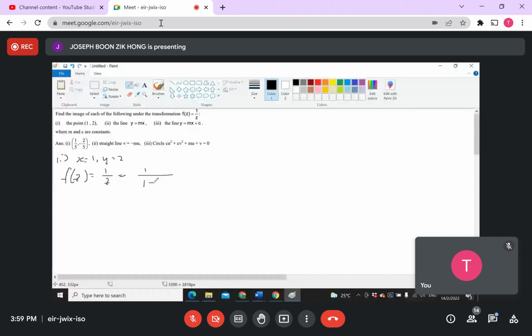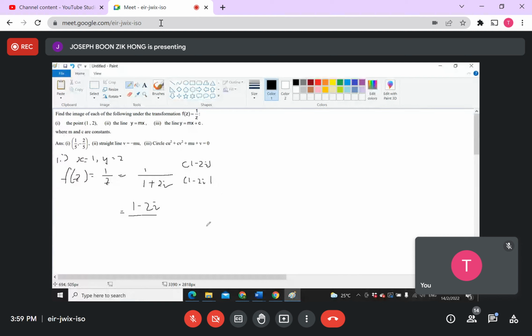Don't leave the i in the denominator. What we do is rationalize it, that means multiply by 1 minus 2i. Whatever you multiply here, you multiply there. So it will be 1 minus 2i divided by 1 plus 4, because 1 times 1 is 1, and 2i times negative 2i is 4.